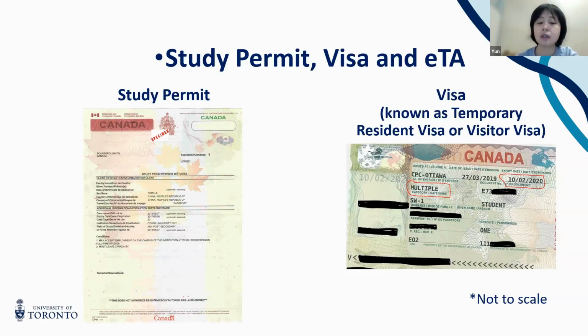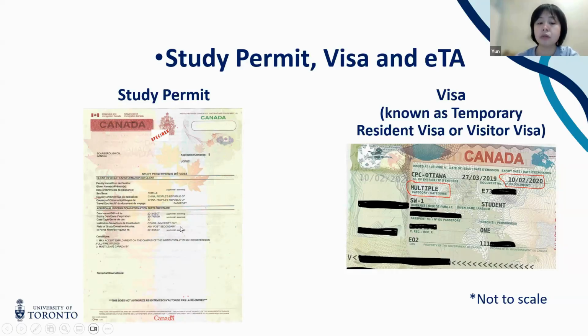If it does not list the University of Toronto there, say it's George Brown College, or if you are a high school student, it would say something like Ontario designated learning institutions, then you must apply for an extension of your study permit, or you must apply for a new study permit in order to study at U of T.